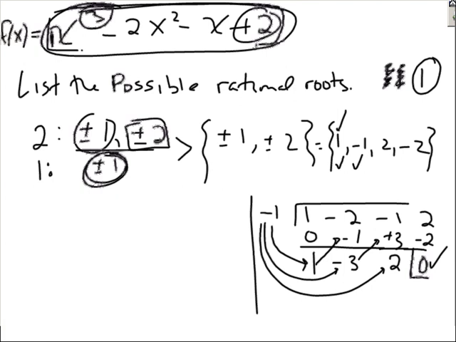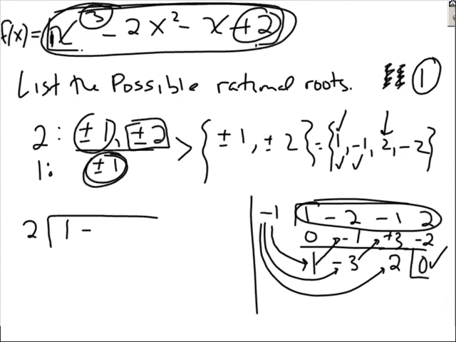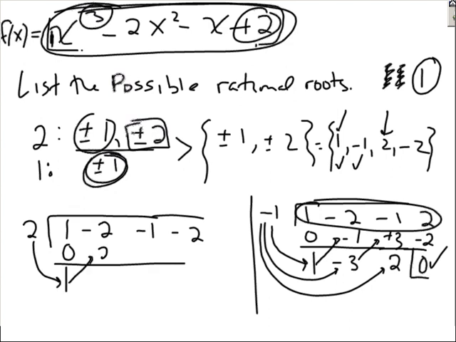But if you didn't understand that, well then you test all the possible zeros. Let's try 2. You have 2. Like I said, this list of numbers will not change. 1 plus 0 is 1. 2 times 1 is 2.